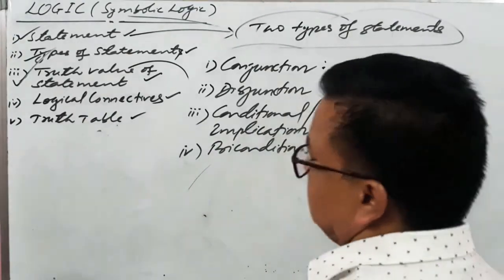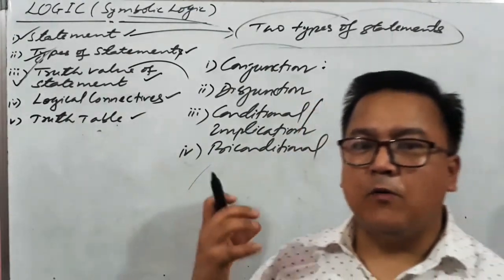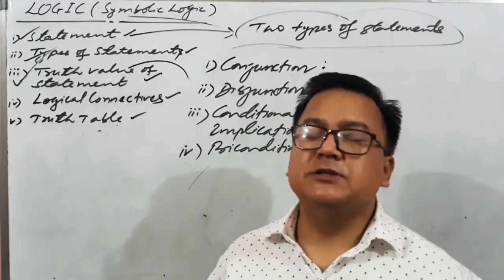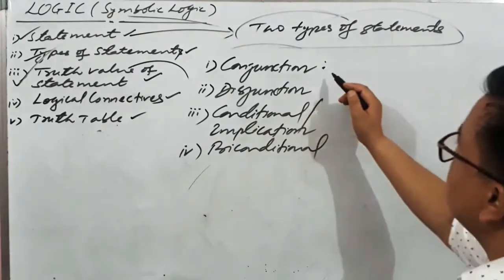Now see, if I give the definition for one, then you can write down very easily for the others also, right? So what is the definition of conjunction?